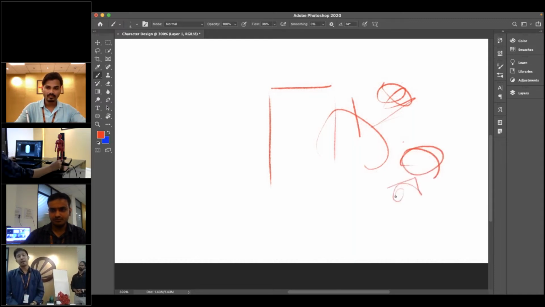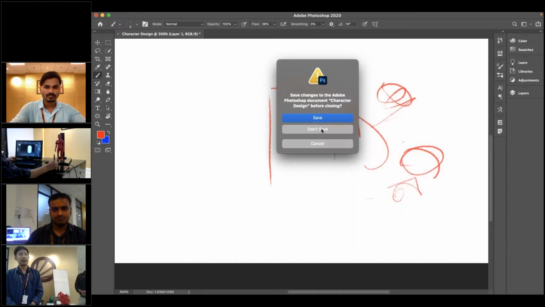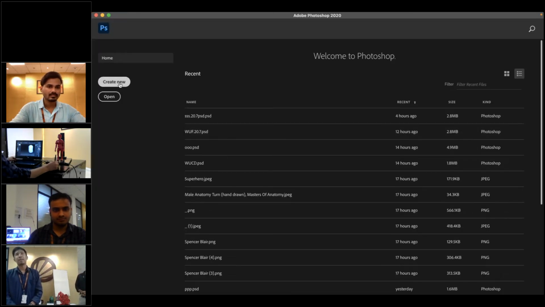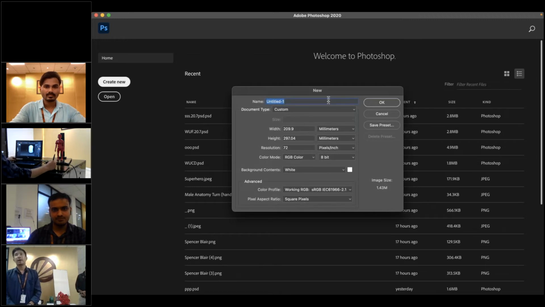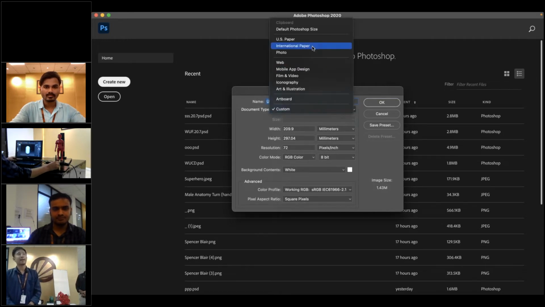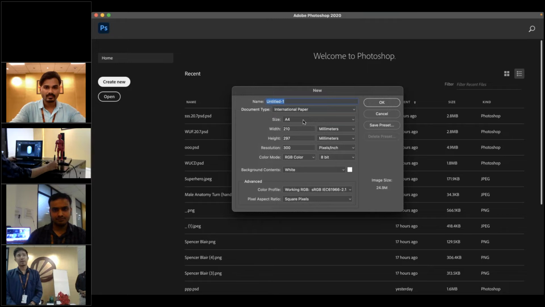Round characters can be friendly and innocent. We use a square to create a solid and firm character, like Superman; you can see Batman is square in shape. Friendly characters have circles, and for villain characters we use triangles.